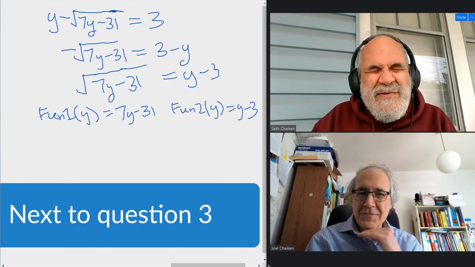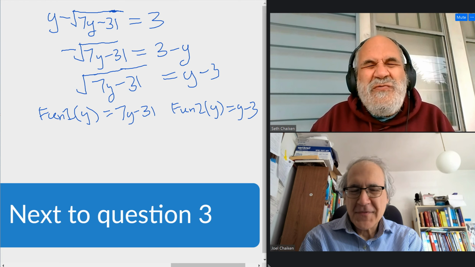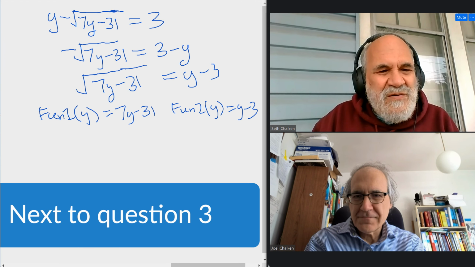Let's graph these two functions. So let's draw some axes.